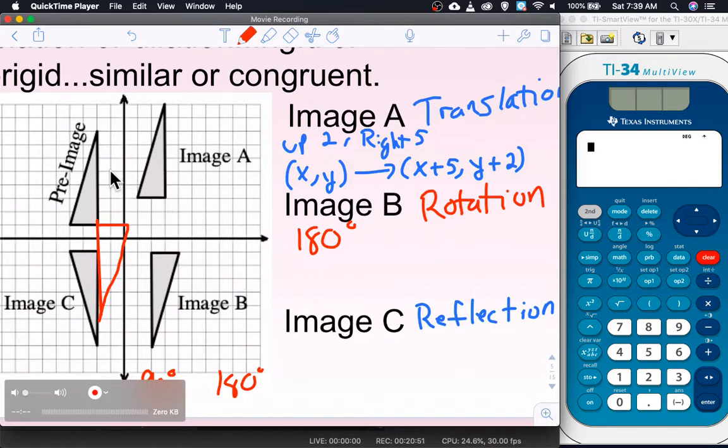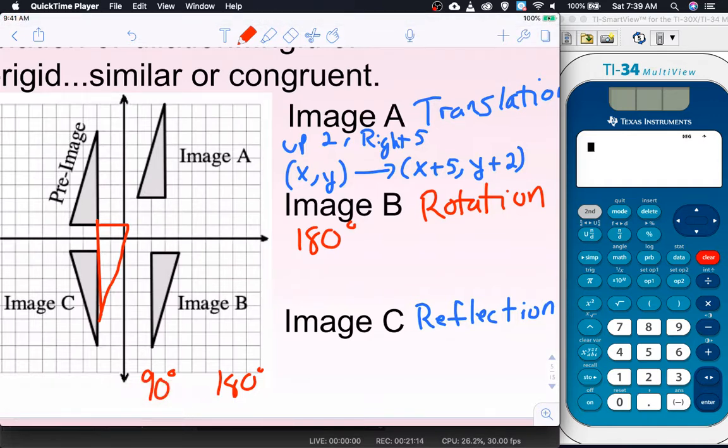Now, did we spin clockwise, the way a clock goes, or counterclockwise? Well, in this case, 180, it doesn't matter because 180 flips it upside down, so 180 this way is the same as 180 this way. You don't actually need to tell us that if it's a 180-degree spin.